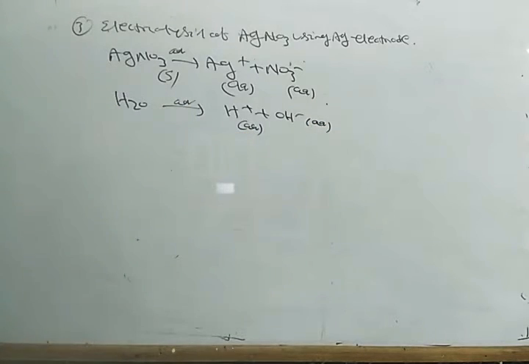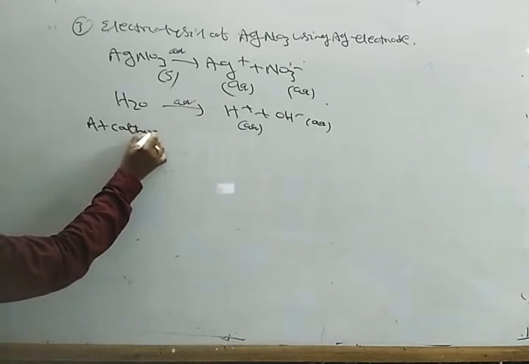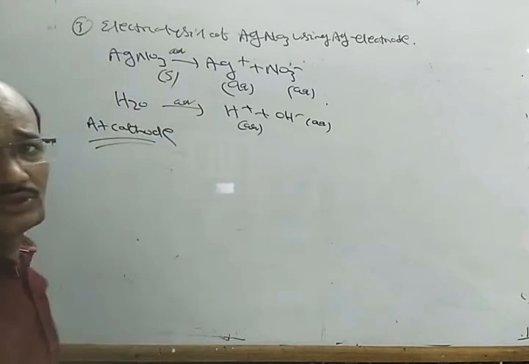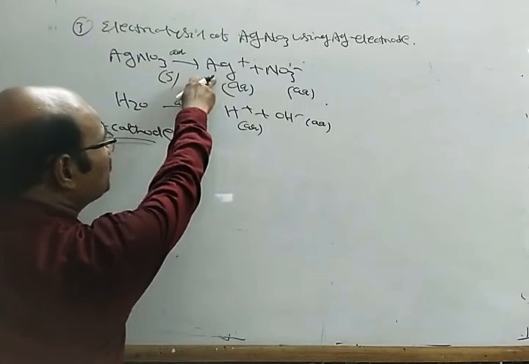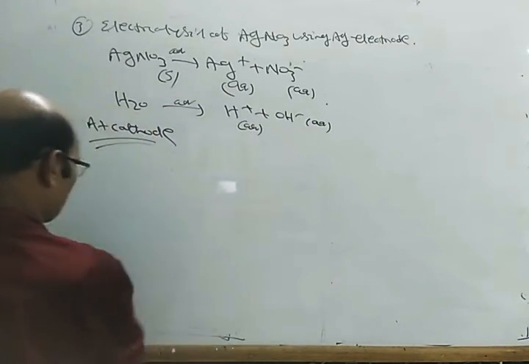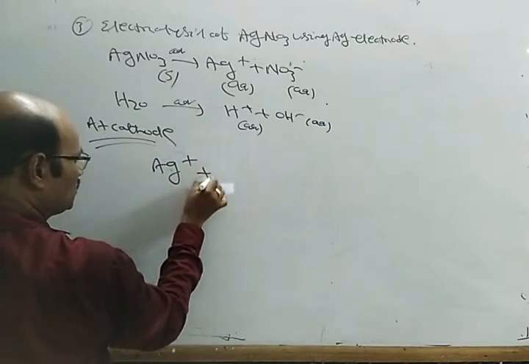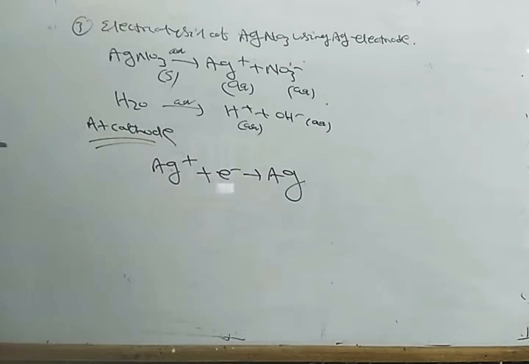Now at the cathode we have Ag+ and H+, and Ag+ will have the higher discharge potential as compared to H+. So what happens? Ag+ plus electron gives Ag.